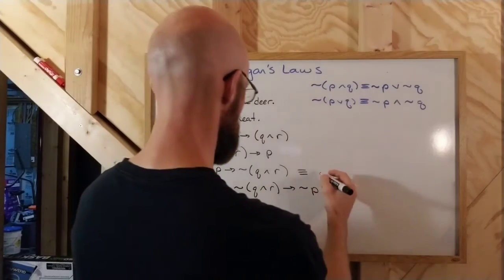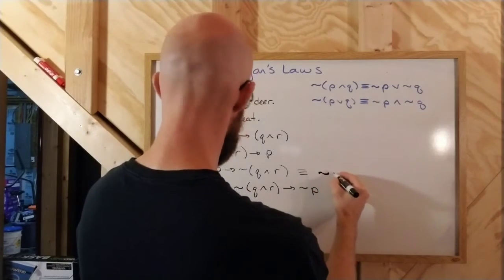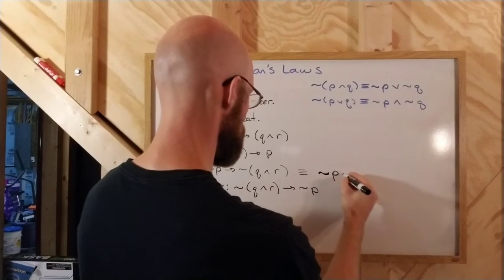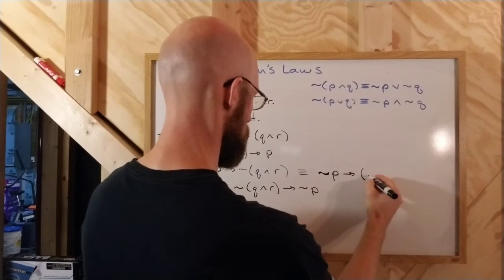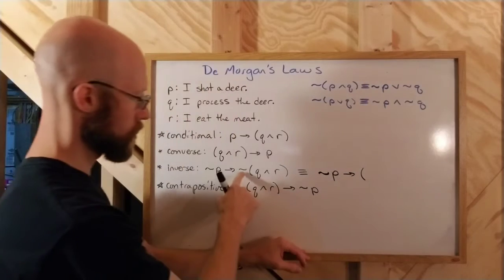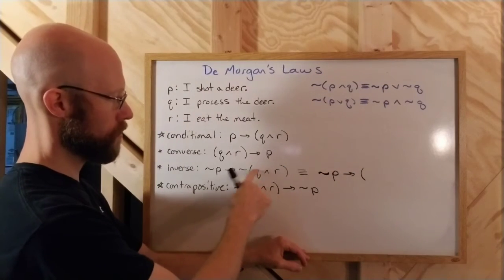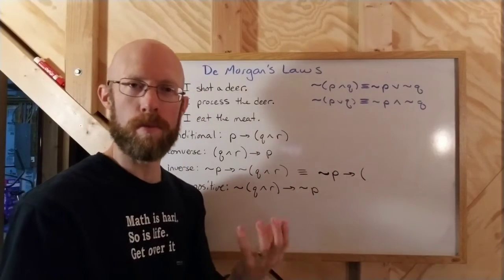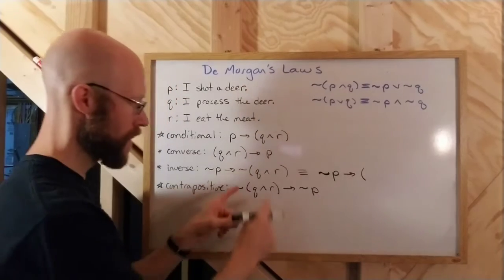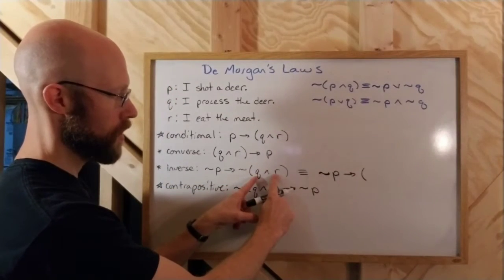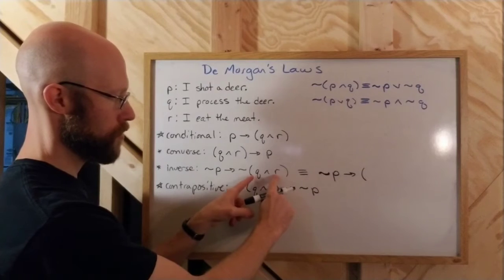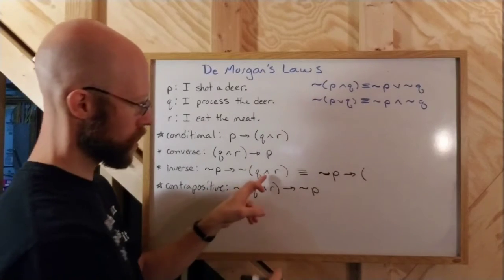So here I have a not of an and, I change that to the or of the nots. And so I'd say not P implies, parenthesis. Now the not, you almost think of it distributing like in algebra, right? It goes to both simple statements there, and you change the and to an or.